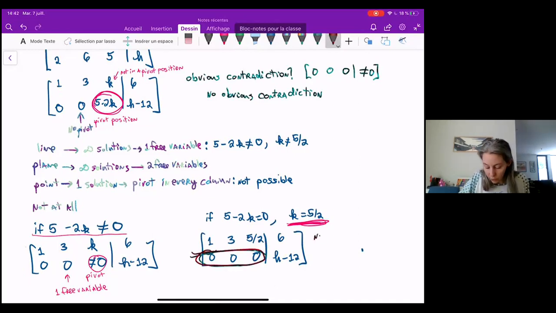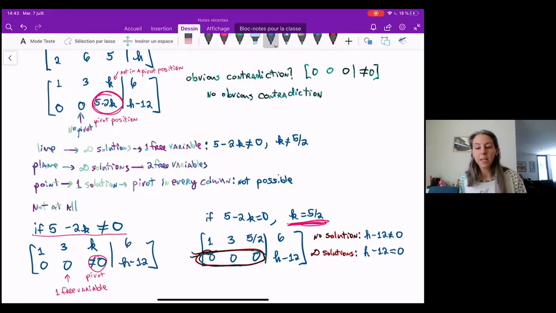So here we have 2 things happening. We have no solution if h minus 12 does not equal 0, and we have infinite solutions if h minus 12 does equal 0. So if h minus 12 does equal 0, then I have 2 free variables.